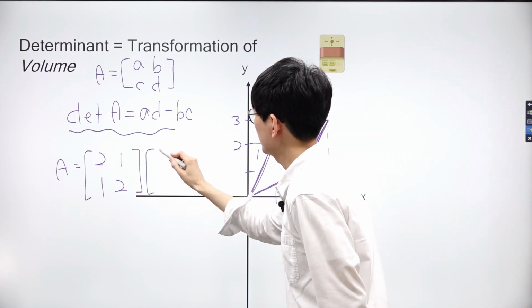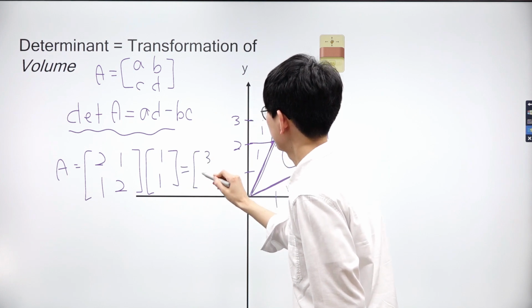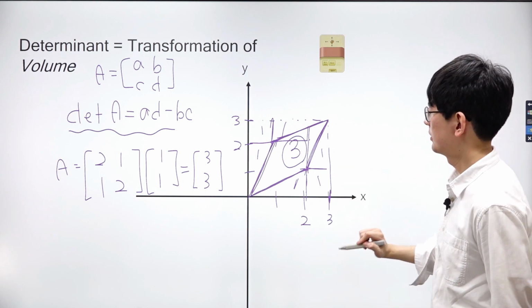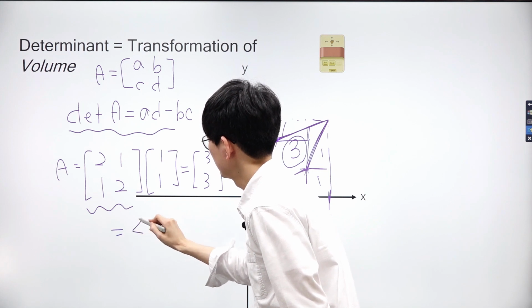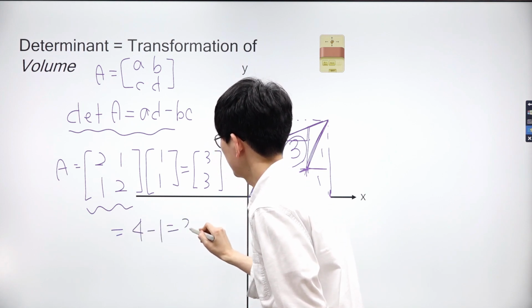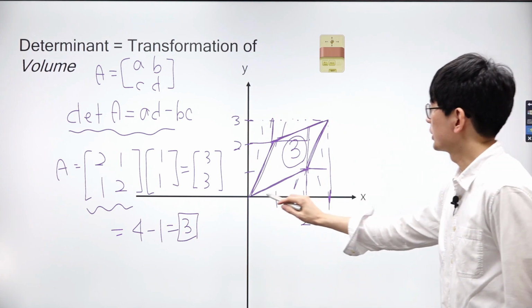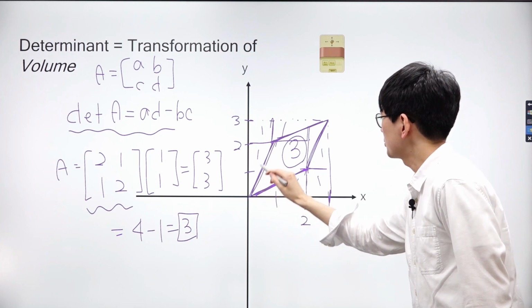As the coordinates in the transformed coordinate space are 1, 1 and in the original coordinate space are 3, 3, this illustrates what the matrix vector multiplication looks like. Using the formula above, we can calculate the determinant of matrix A, which is 4 minus 1 equals 3. Let's interpret the value of the determinant of the matrix conceptually.